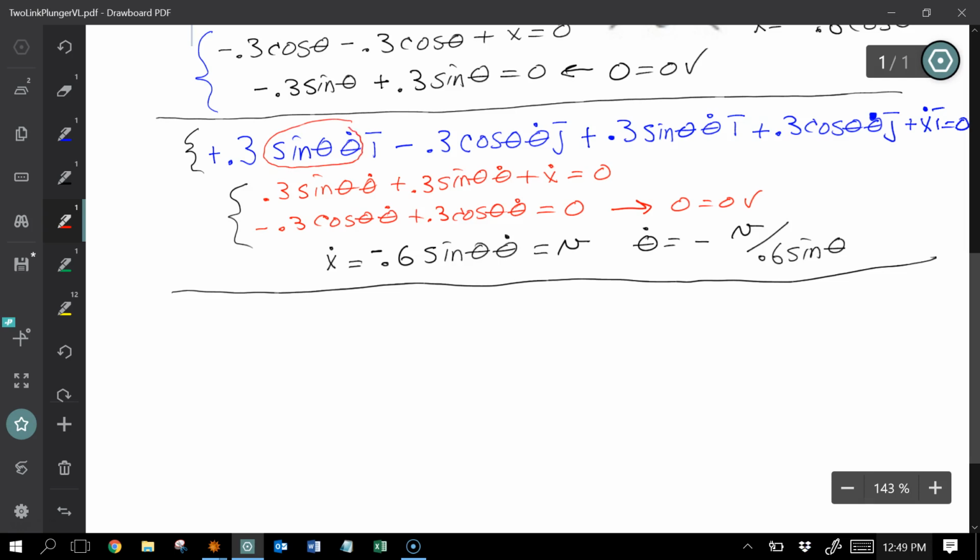Okay? So it goes 0.3, derivative of the sine is the cosine, chain rule, times the derivative of the second term, plus the first term times the derivative of the second term.